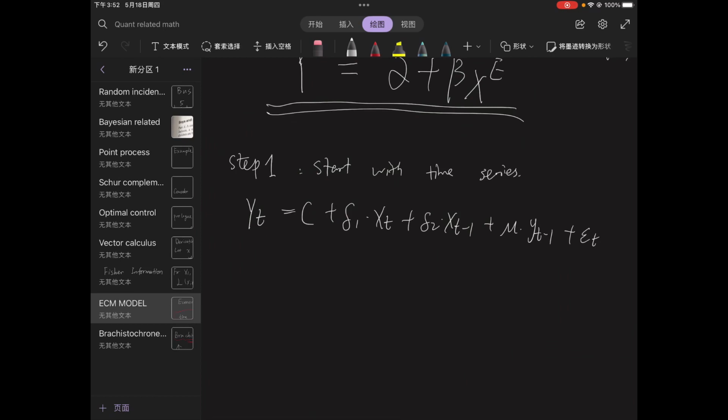There's nothing introduced here. And then the next step, we can make a difference term. We can let YT minus 1 be subtracted from both sides. Every term does not change. Here's minus 1.